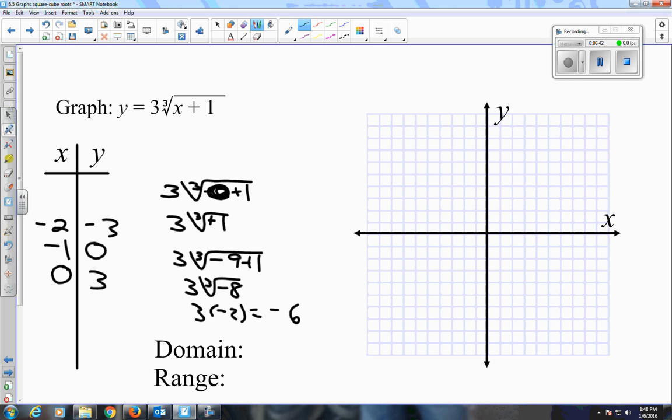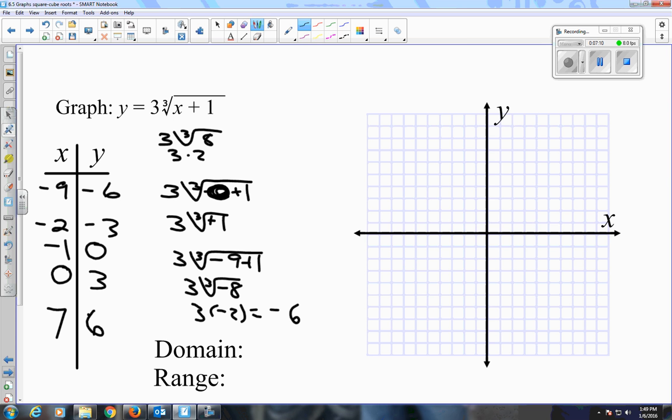So I would have negative 9, negative 6. I have one more. I want that to be a positive 8, so x is 7. 7 plus 1 is 8. 3 times the cube root of 8, 3 times 2, which gives me 6.